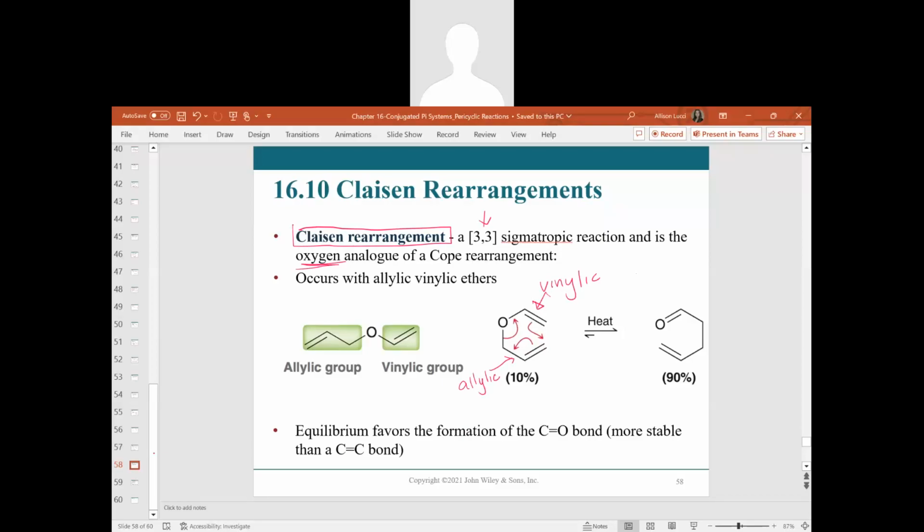You can see it extended here, allylic and vinylic. Then through heating, we can see that our equilibrium favors the carbon-oxygen double bond, which is more stable than the carbon-carbon double bonds. So again, stability favors this form here, and that is our higher percent product.